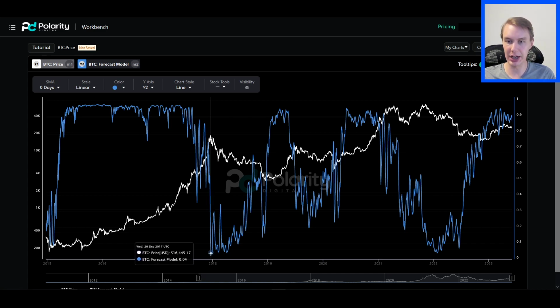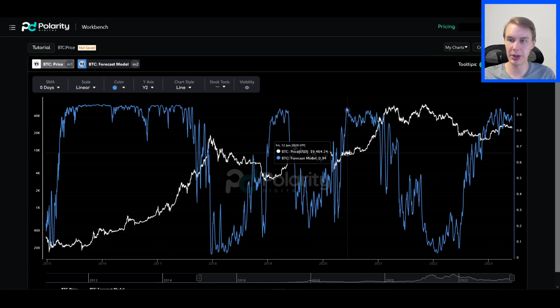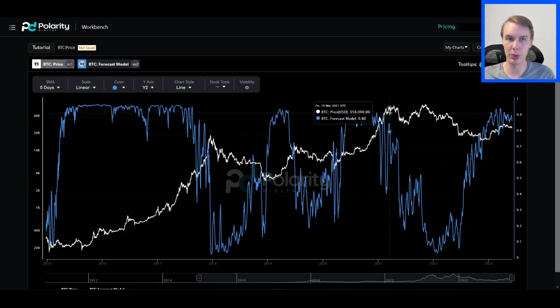It's going all the way down, saying there's only a 4% chance of upside in 6 months for Bitcoin, 6 months from this date here at the top. And indeed, then we went into the long bear market. Then it flipped bullish again, going into the run that happened in 2019, got more cautious as we went down, and then got really bullish again going into the big run that happened in 2020, going into 2021.